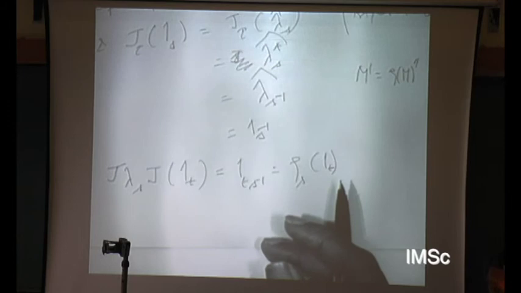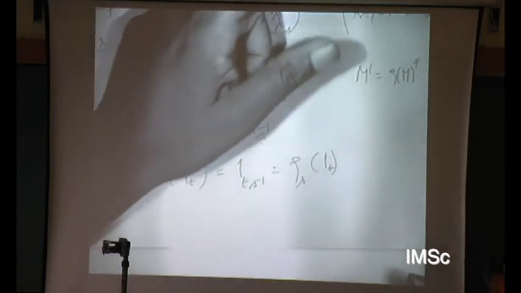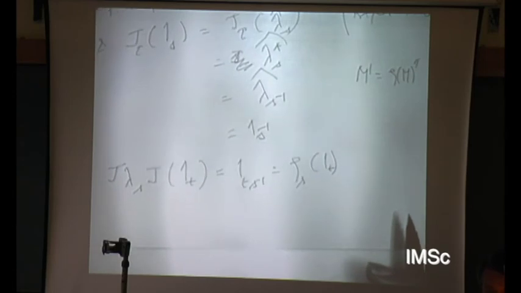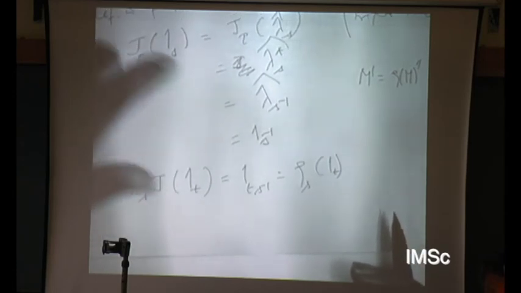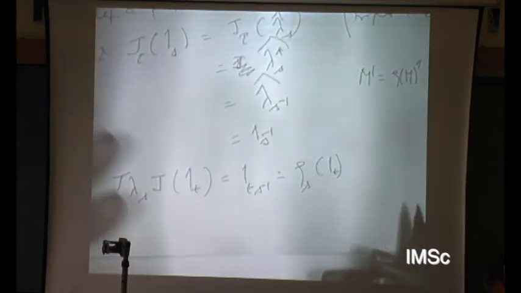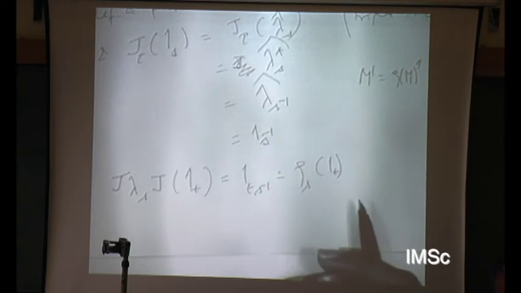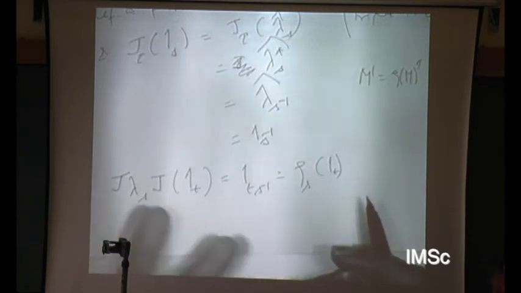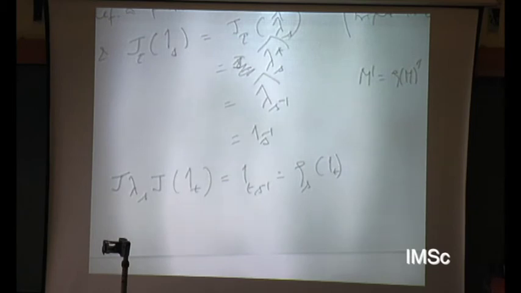So the theorem that we proved, once I verify this, convince you that this is the faithful normal trace and that this is the standard form, that there is a genus space and so on, will show that the commutant of left multiplication operators is exactly going to be generated by right multiplications.